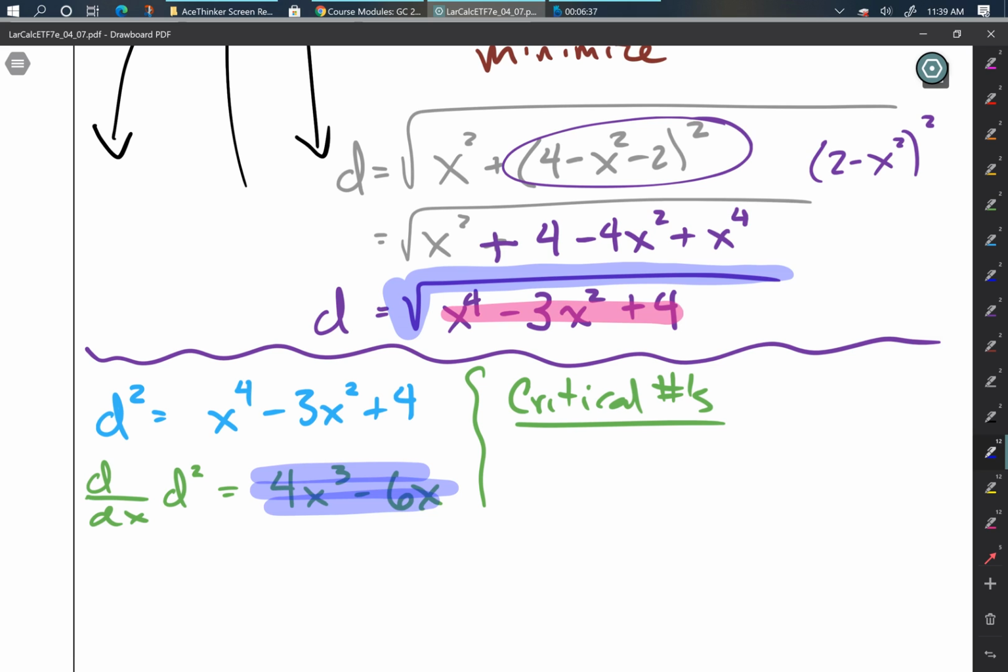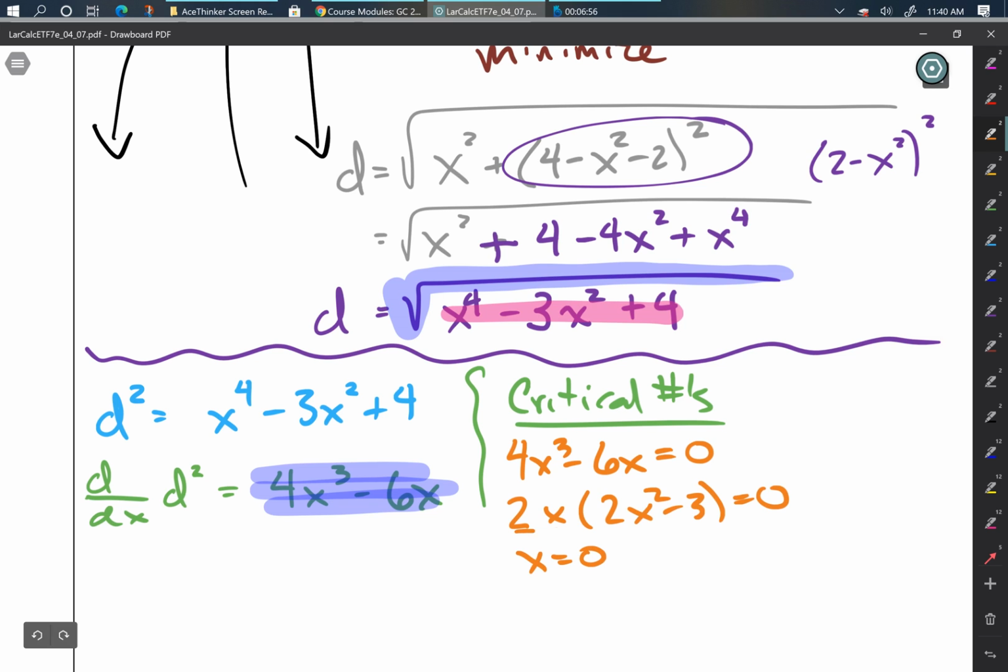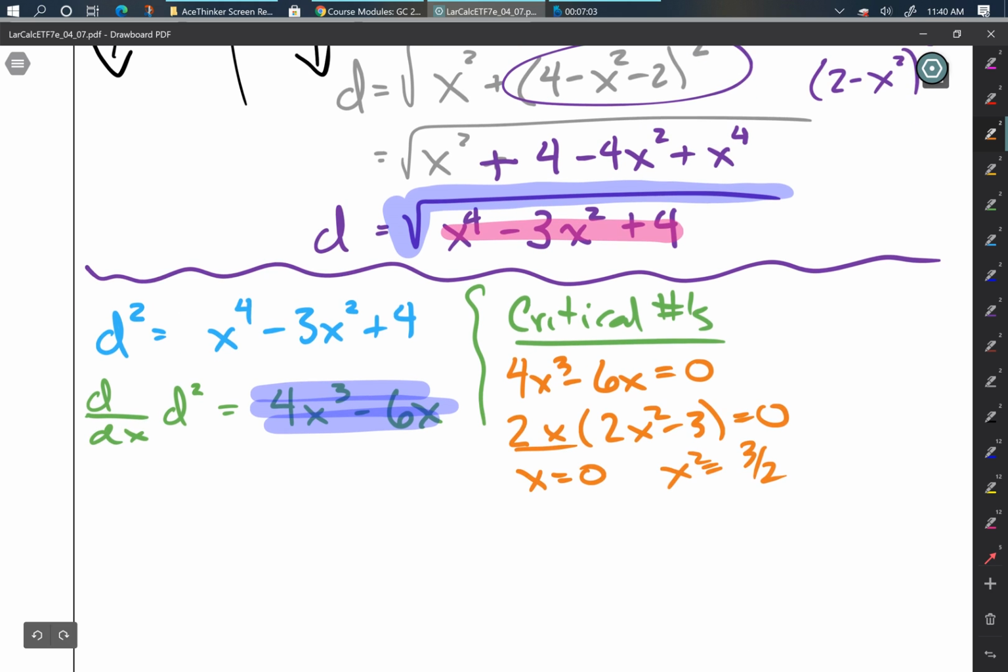I can think of no values that'll make it not exist, but I'm pretty sure there's going to be some equals to 0 in there. So when is 4x cubed minus 6x equal to 0? If I factor that, that's going to be 2x times (2x squared minus 3) equal to 0. So that means that x is 0. That's from this piece. Or that means that x squared is equal to 3/2, or that x is equal to plus or minus the square root of 3/2.